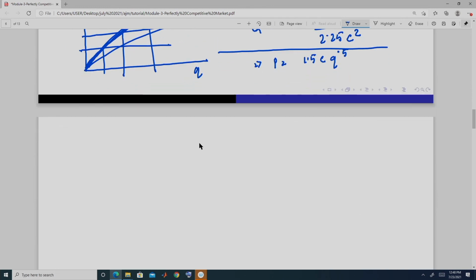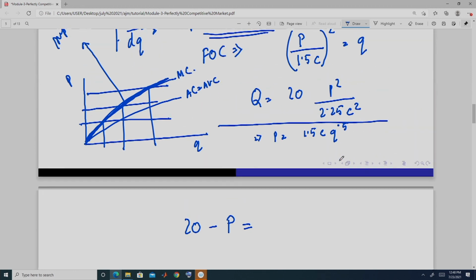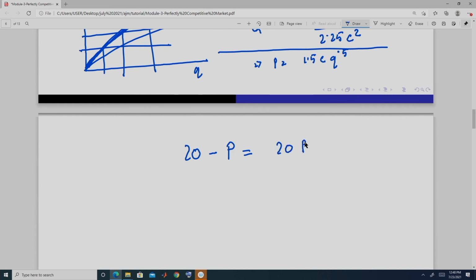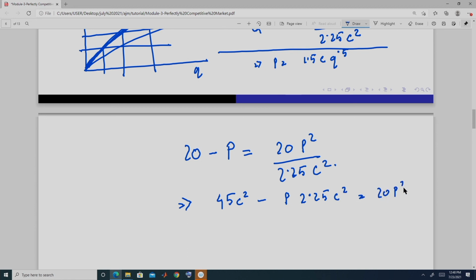Now, market demand is 20 minus P, this is the market demand and this is equal to this 20 times this. So, this should be equal to this.